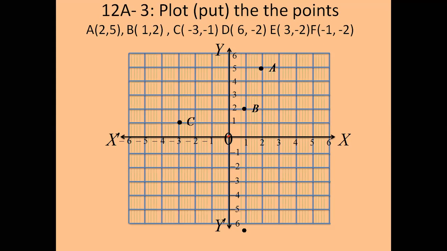Now the third one, C, minus 3, minus 1. The x value is minus 3. That means left hand side, and down side always will be the minus. Okay, so first go for the left hand side, 1, 2, 3. That means minus 3. Then look at the second number, minus 1. Okay, so minus 1 will be down.